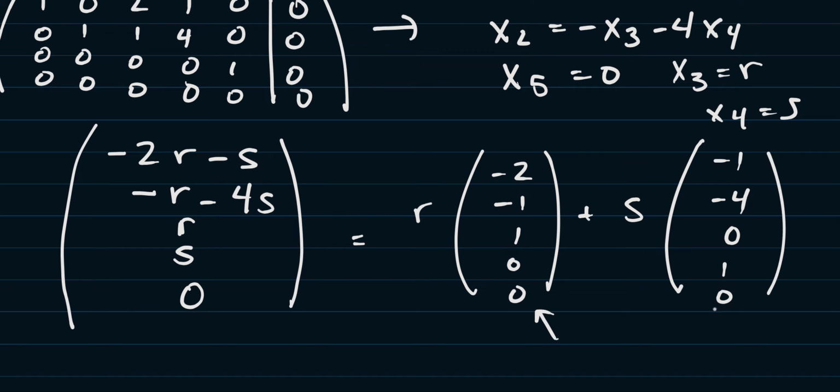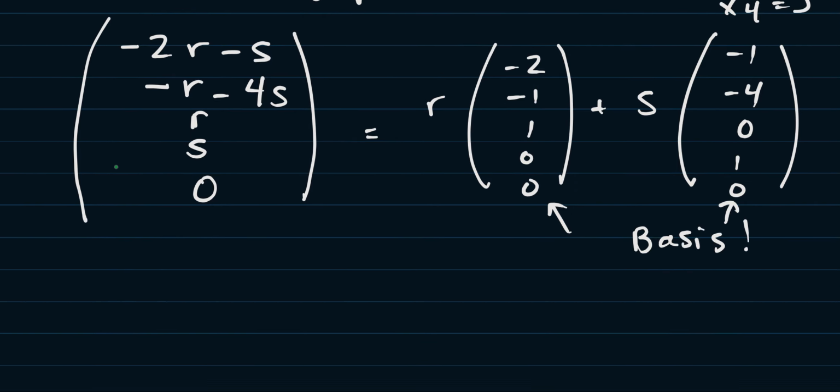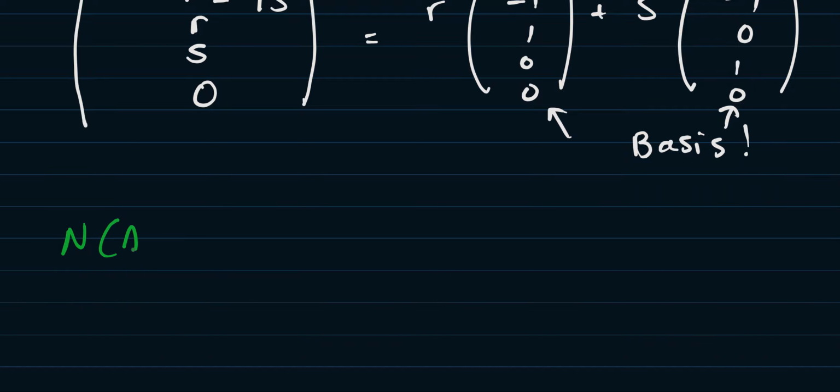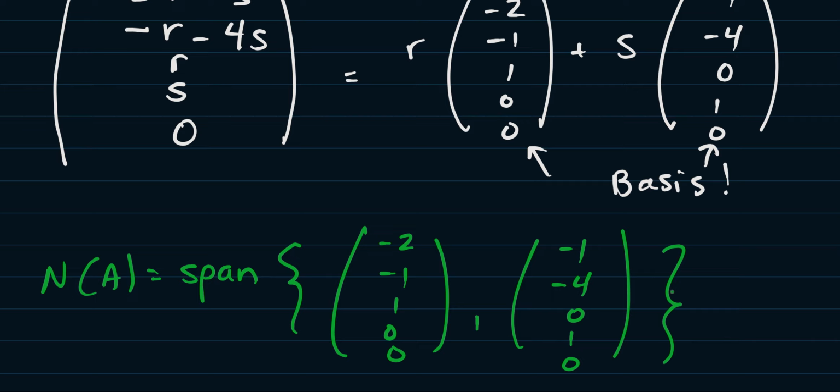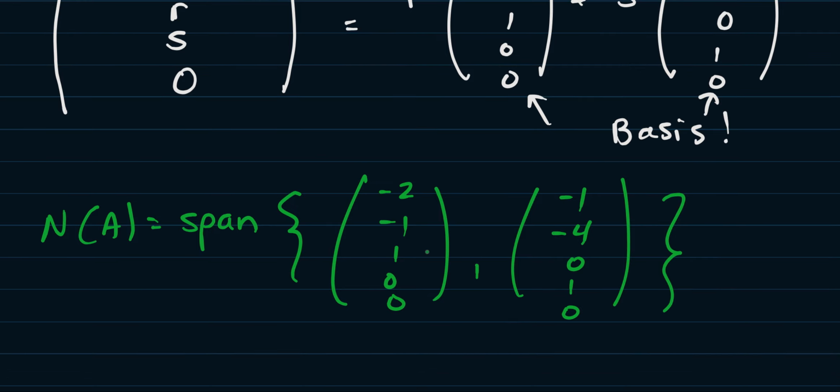And here we have our basis. So the null space is the span of these two vectors. And that being the case, you can see that we have two basis vectors.